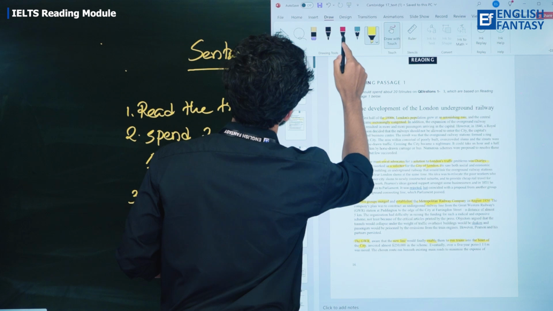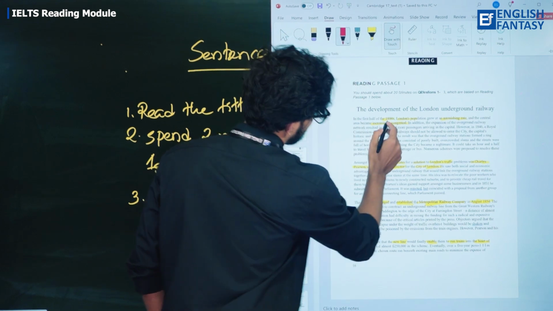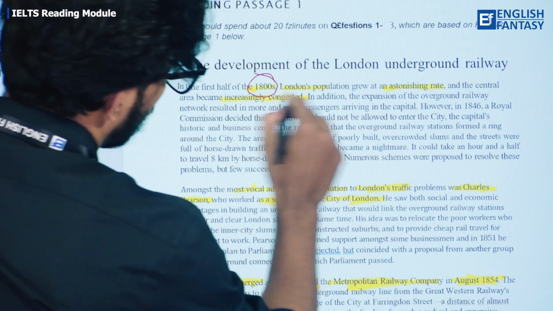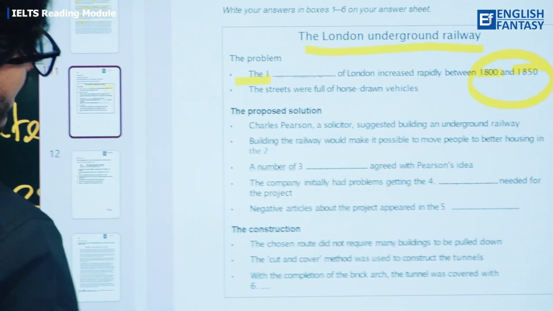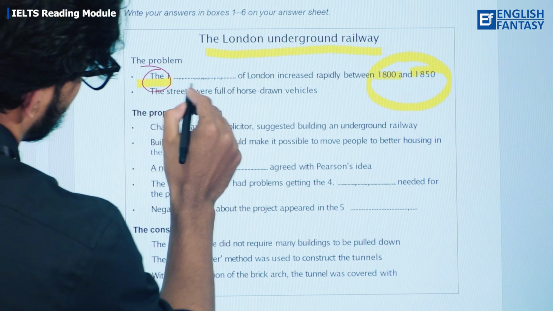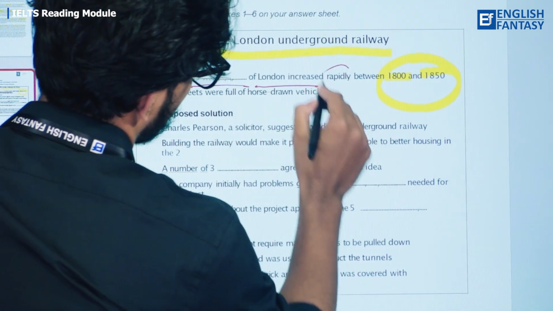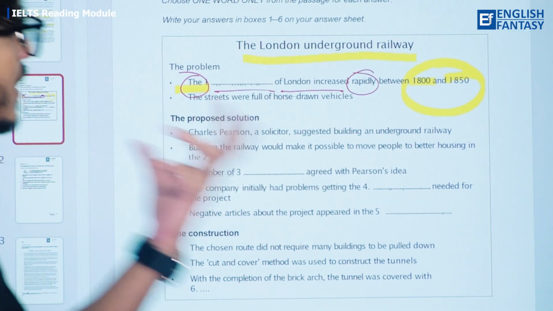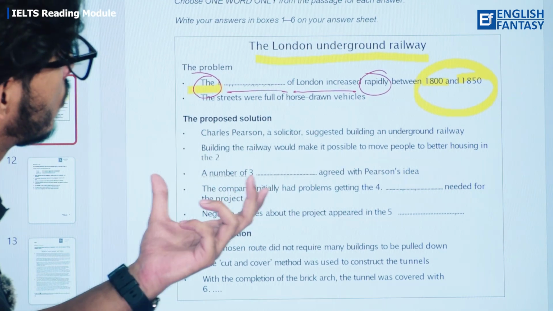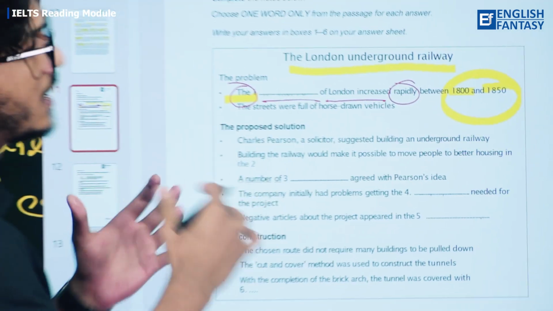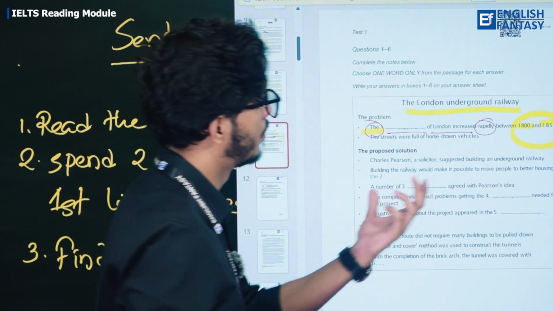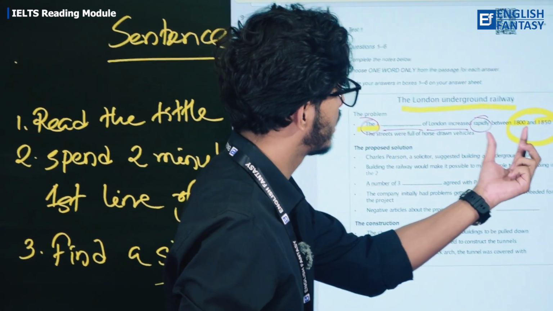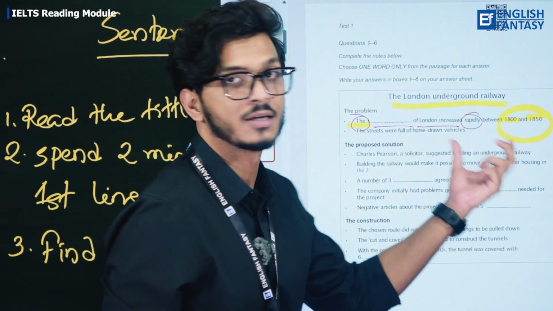Here it is. 19th century, London's population. So what we have to find from the passage is what increased rapidly in London between 1800 and 1850.